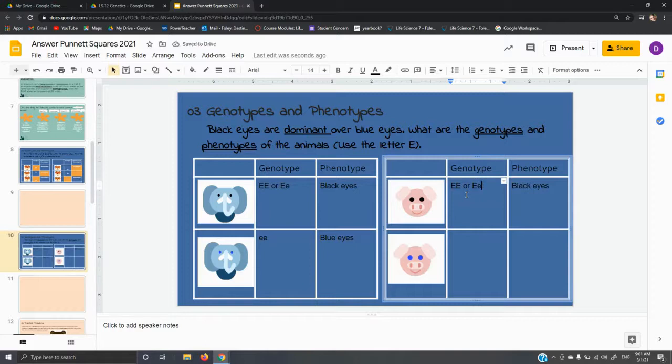Remember this, so capital E, capital E is homozygous, meaning it has the same alleles. Capital E, lowercase e means that it is heterozygous or has different alleles. So homo means same, hetero means different. You're going to do the blue-eyed pig by yourself. If you have any questions, let us know.